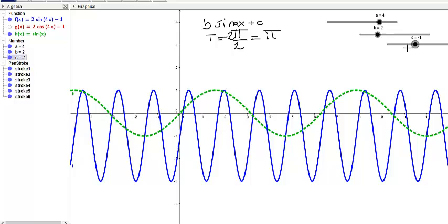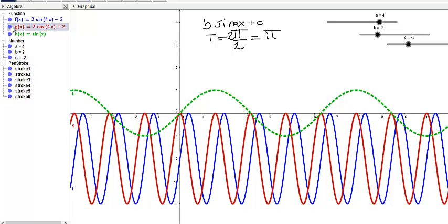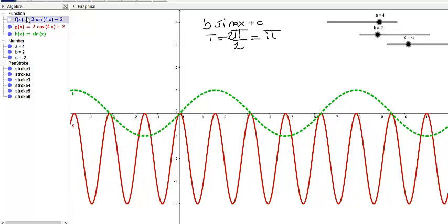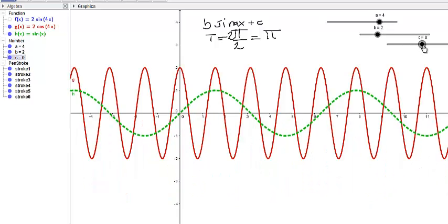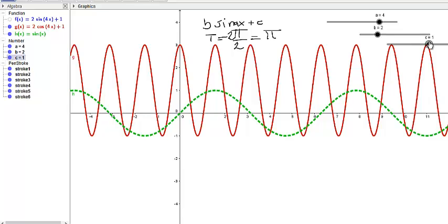Or 1 unit down from the sine graph, if you compare with the sine graph. Everything is the same for cosine also. If I delete here, when you move it up here, it's going to be down. c is +1, so the function moves 1 unit up.